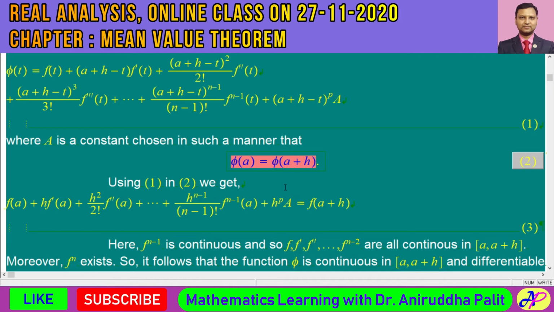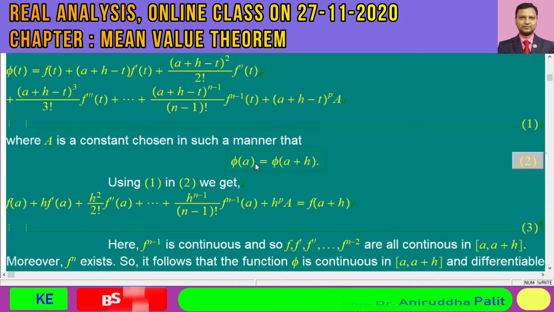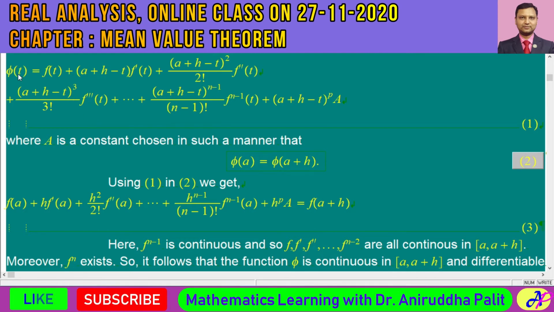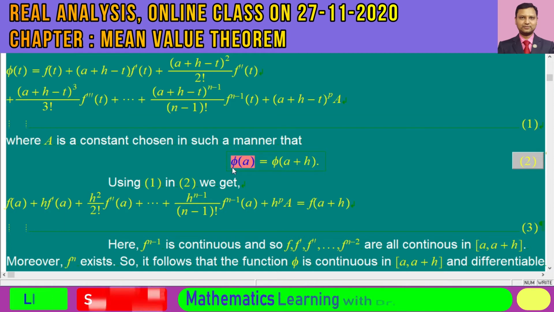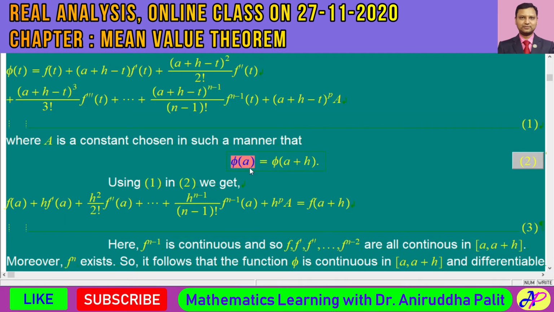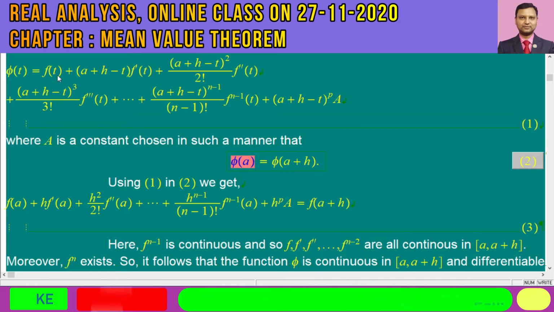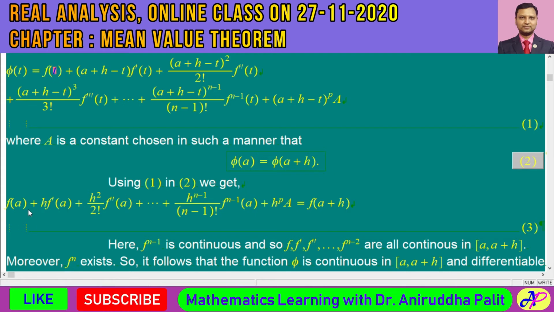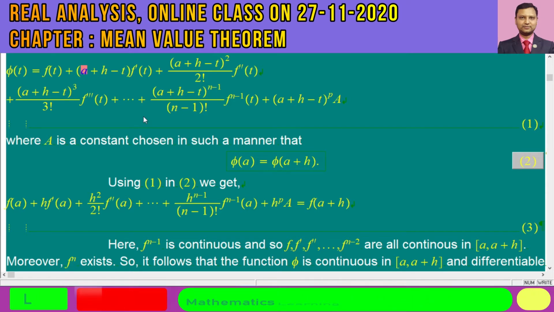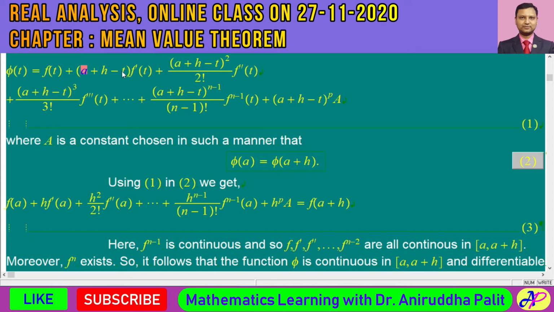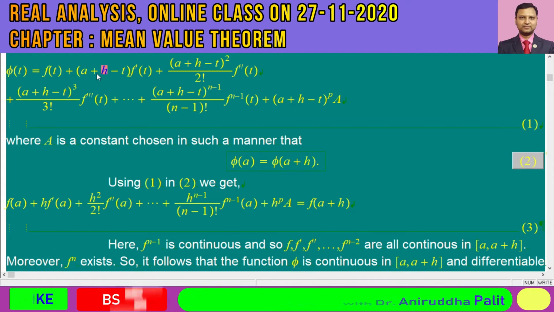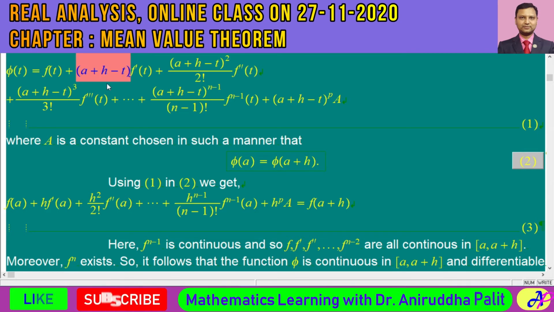You see over here, if you put t equal to a, we are trying to compute the expression of phi of a. If you put t equal to a, you will get f of a here. Then this term gets cancelled with this small a, so you will only have h for this factor.